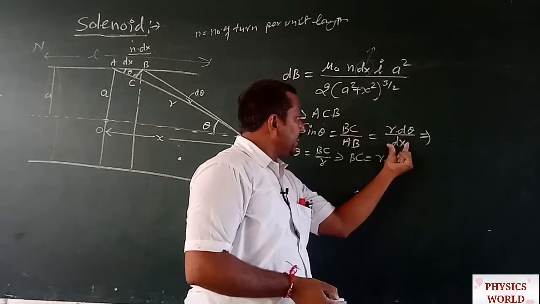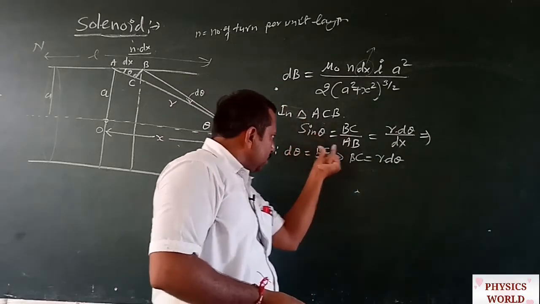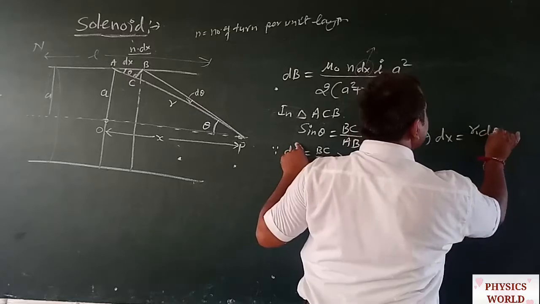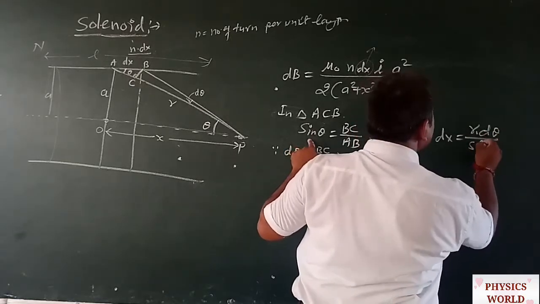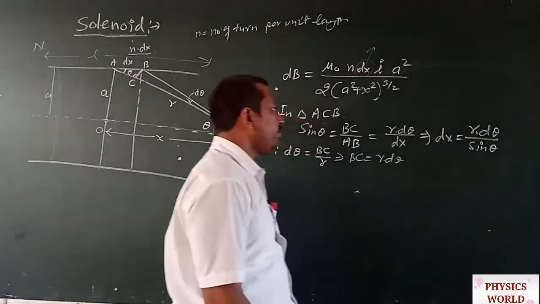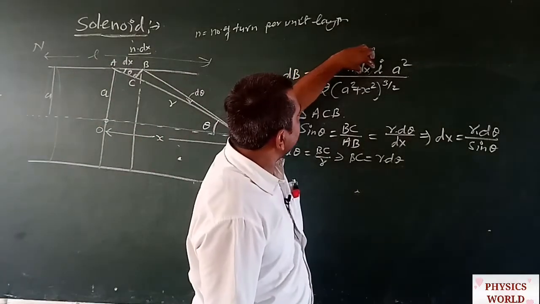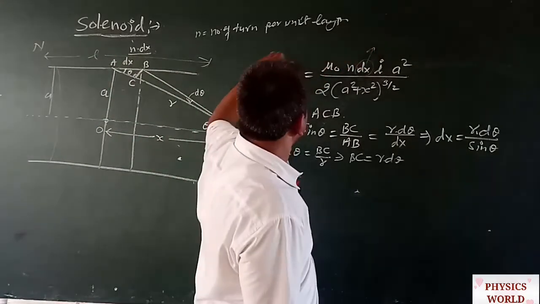After transposing the dx to this side and sine theta to the other side, we get dx equal to R d theta divided by sine of theta. So the value of dx can be put in this formula.